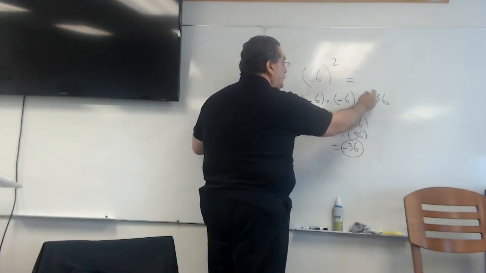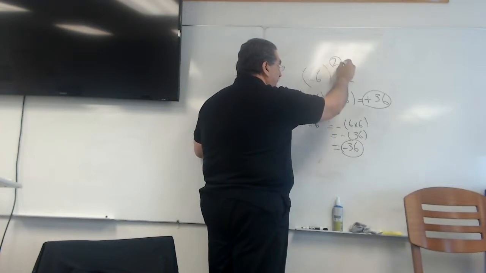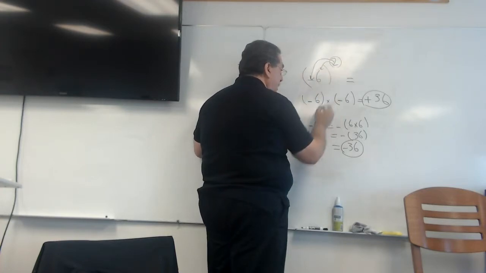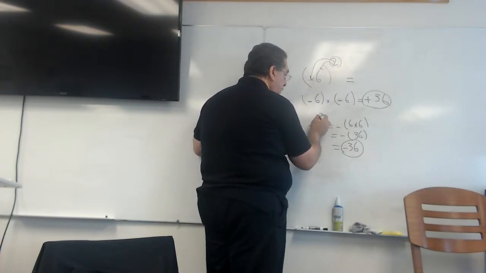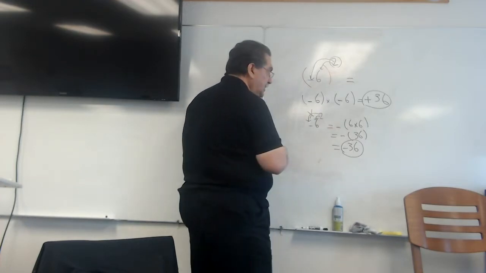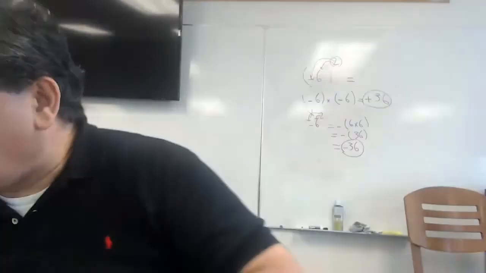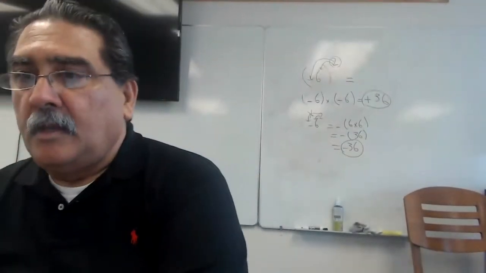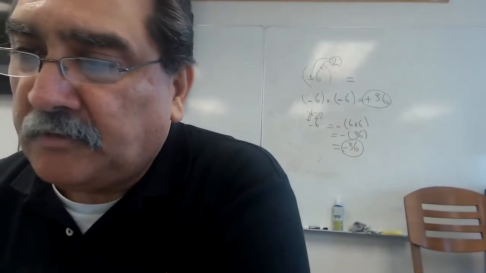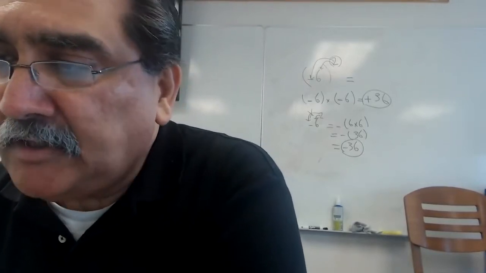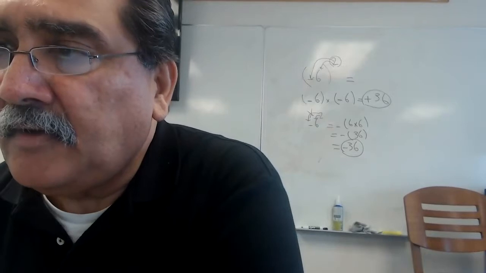See the difference? Just by moving the exponent: when it's inside the parentheses, it applies both to the number 6 and to the sign. But when I move it here, it only applies to 6. It does not apply to the negative sign. All right? Same rules for division. If the signs are the same, positive. If the signs are different, negative.